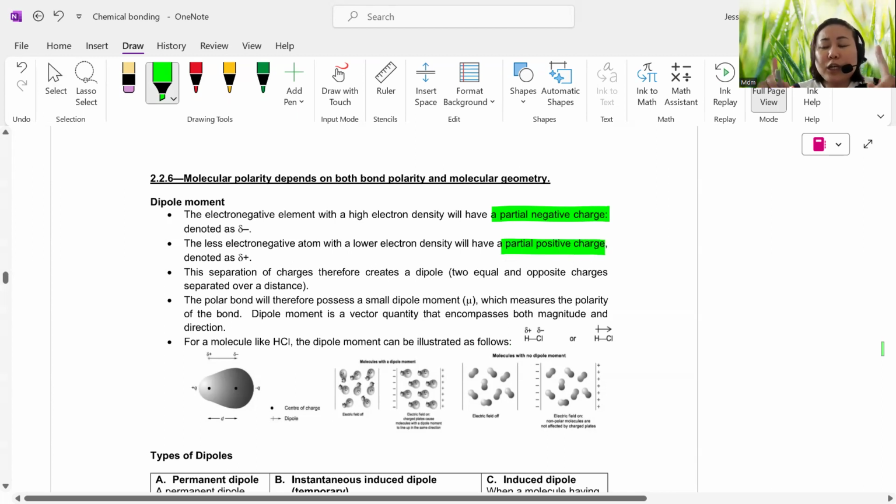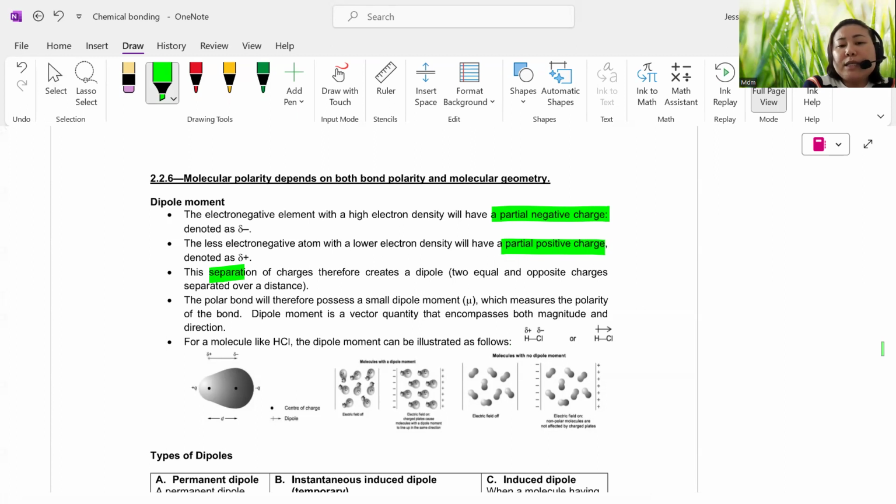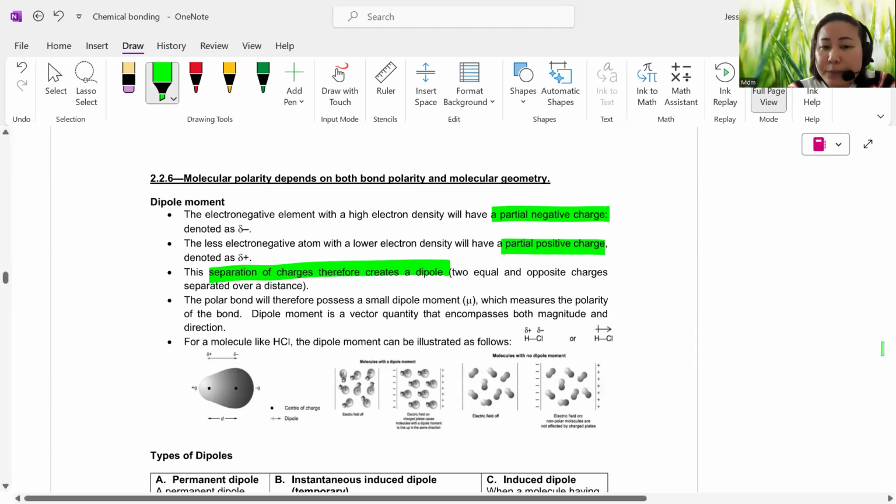Now, whenever there are charges and they are separated over a distance, it will create a dipole. So when there's a charge separation across a distance, it creates a dipole. And so a polar bond will therefore have a small dipole moment.